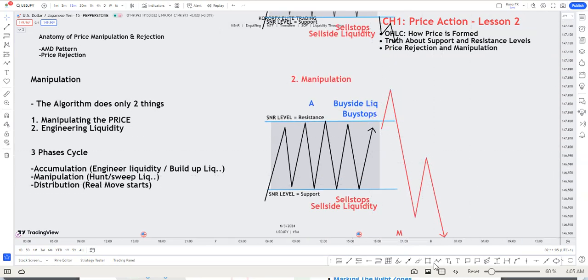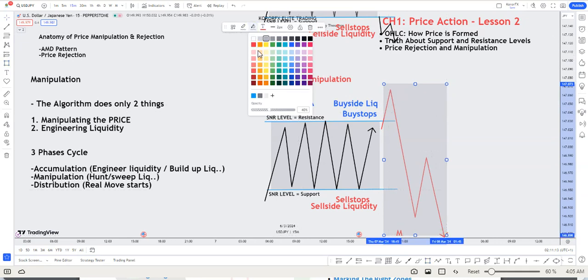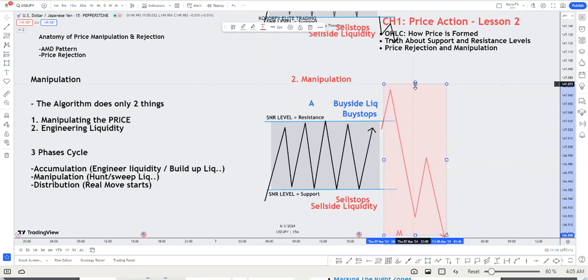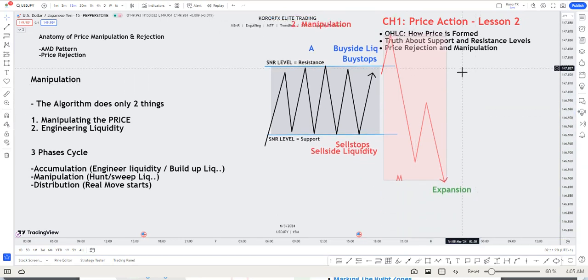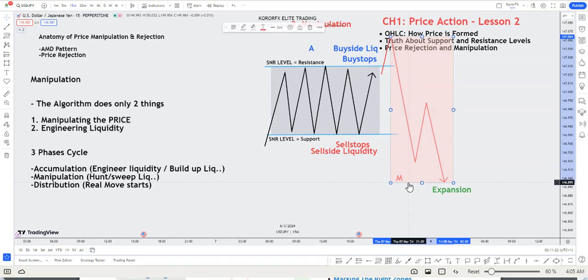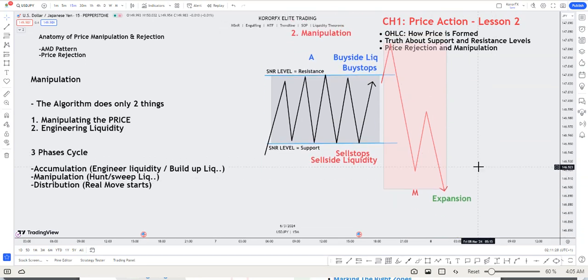So we know here there is now manipulation happening because liquidity on both sides is grabbed. We know what happens here now. So the manipulation happens here: accumulation phase, then the manipulation happens. So now I think you know what the accumulation is.